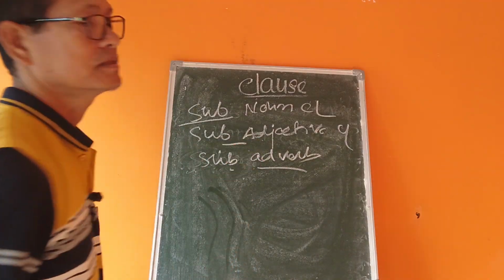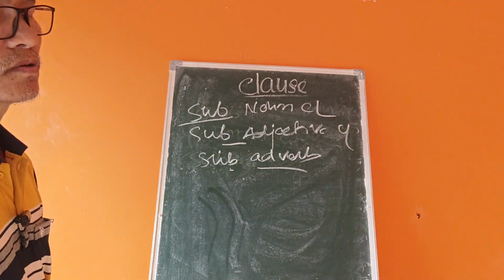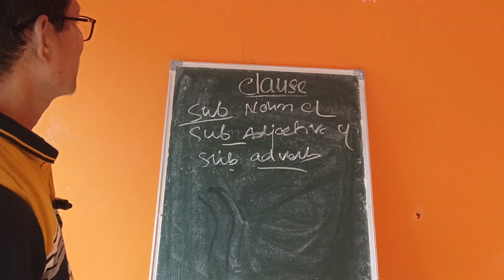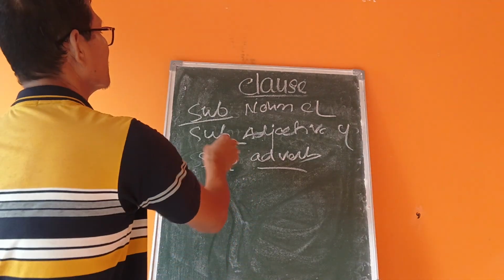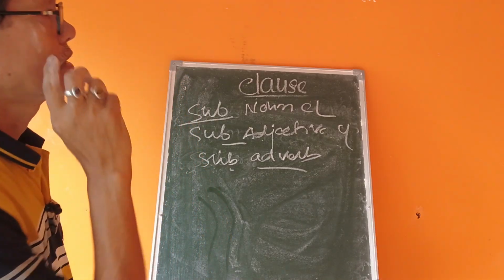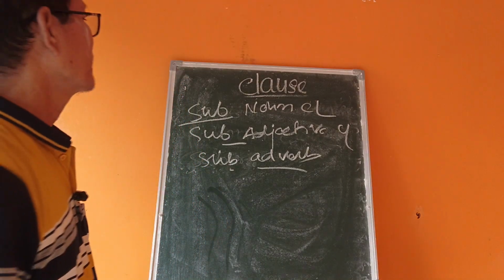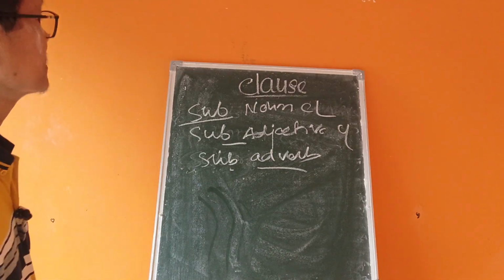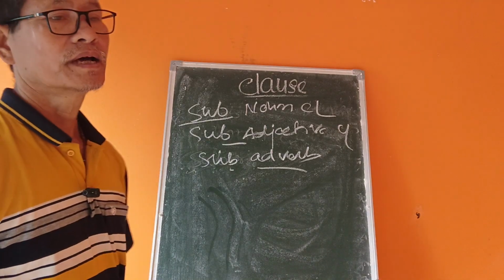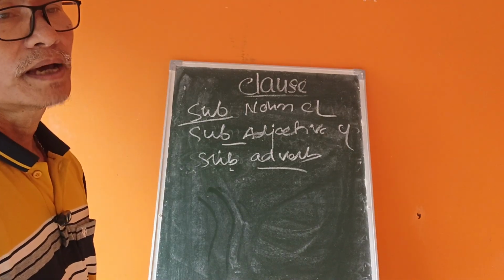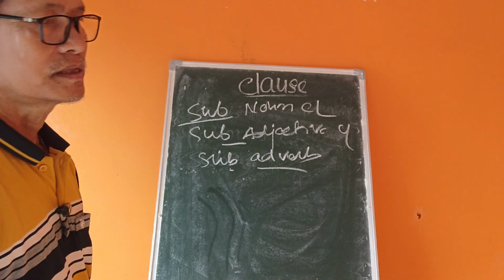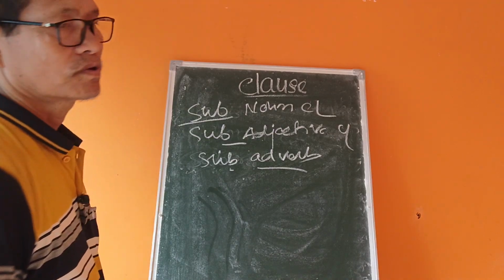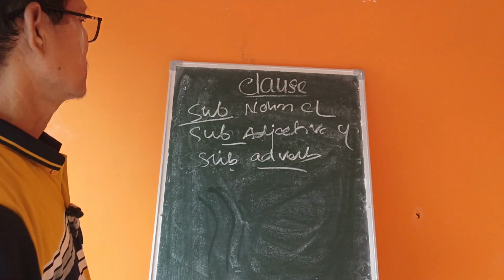To identify the adjective clause, you should know the noun. That's why we can identify the noun clause, adjective clause, and adverb clause with the help of the conjunction, isn't it? That's why you have to know about the conjunction also.